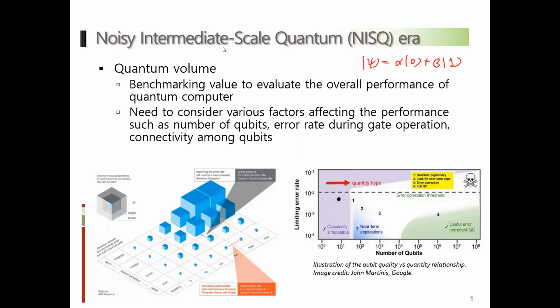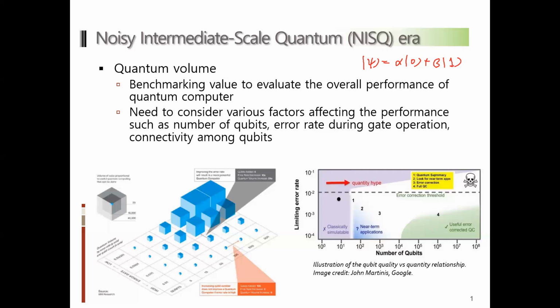And intermediate scale means that, imagine you want to solve a realistic hacking problem, or let's say you want to use the quantum computer to hack the current cryptography system.